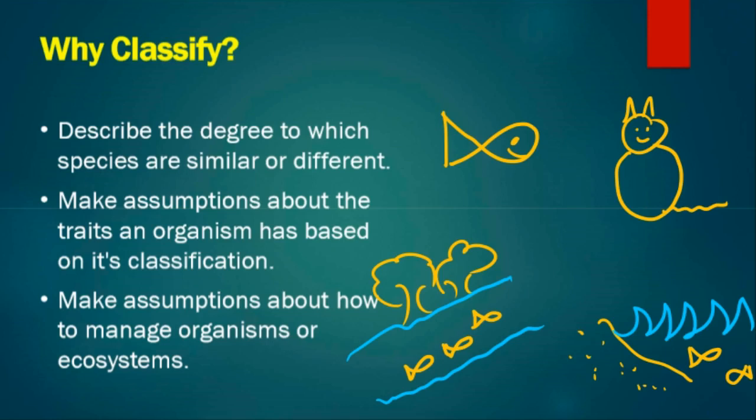We can then make assumptions about the traits that an organism has. So when it comes down to fish, the way it's classified allows me to make assumptions about, well, if it's a fish, then I know, number one, it's got eukaryotic cells, so cells with membrane-bound organelles. I know it definitely has a backbone, because it falls into the vertebrate family.